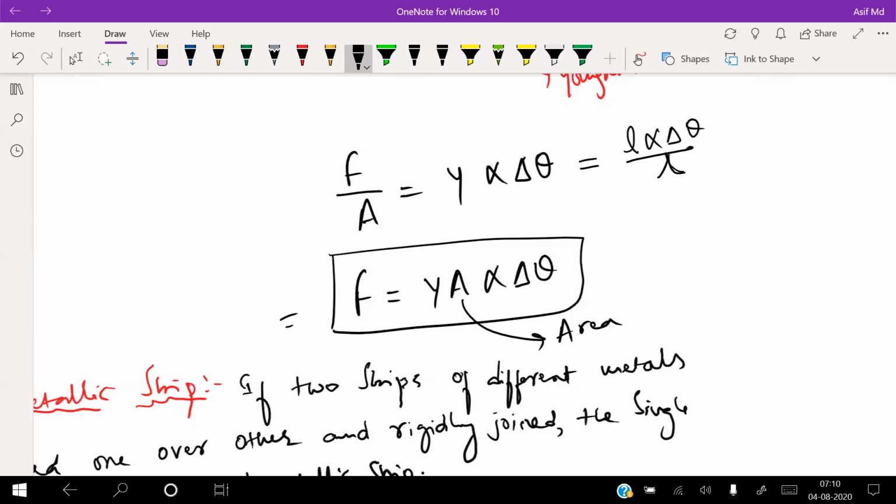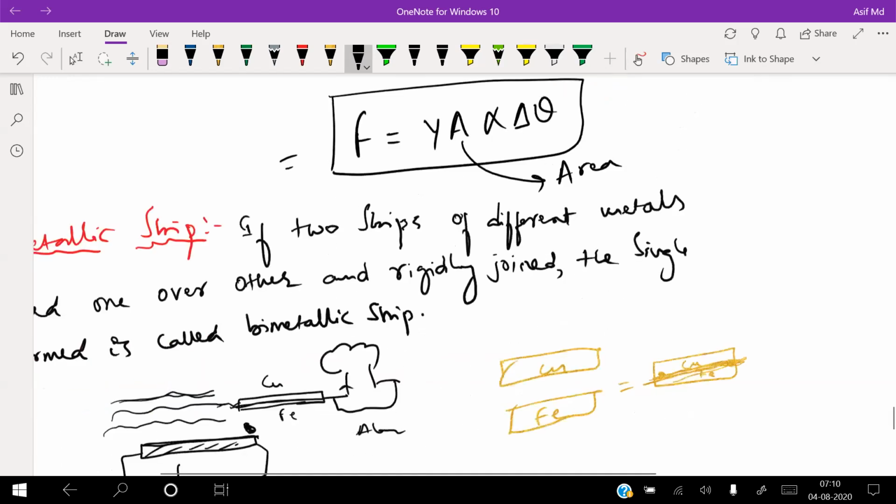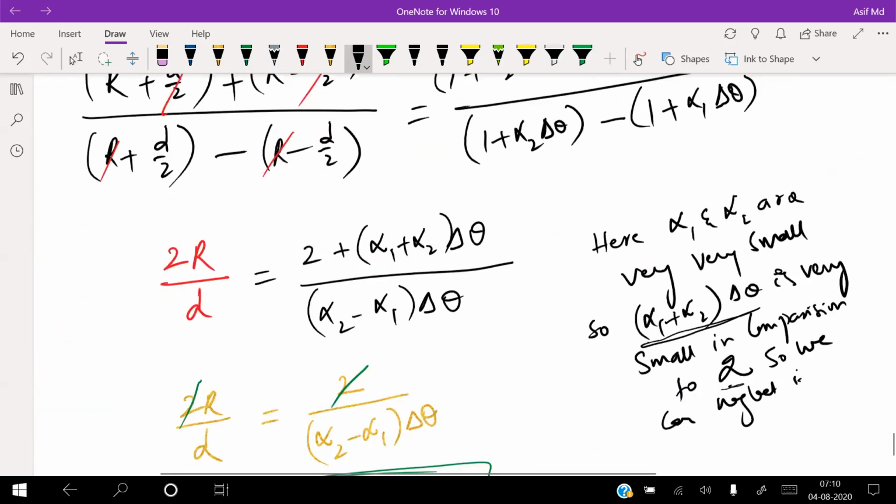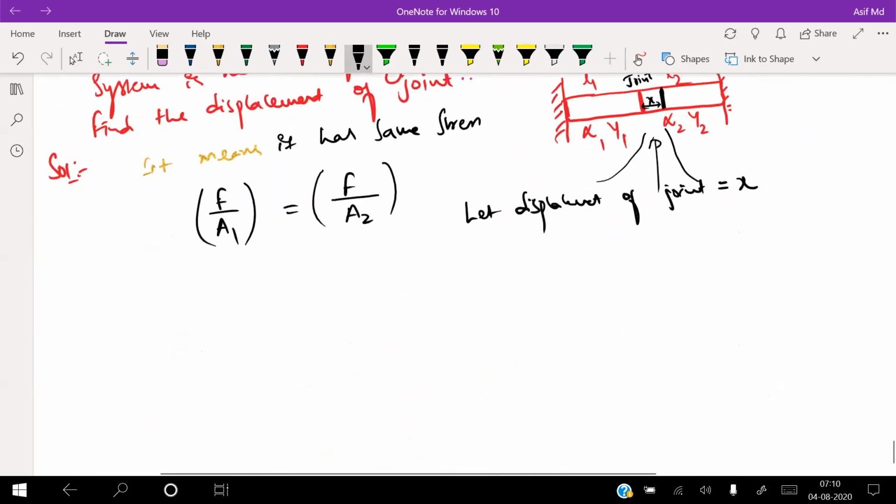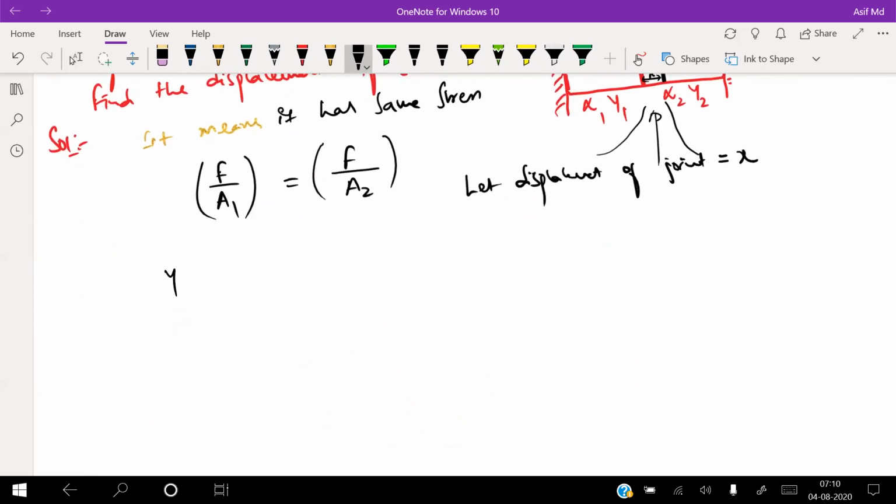No, sir, because L anyhow will get cancelled. So the same thing I can do here. In terms of length, this is Young's modulus of the first material Y1 into L1 alpha 1 into delta theta, plus there is a displacement in the first rod, plus x divided by L1. Can I write like this?